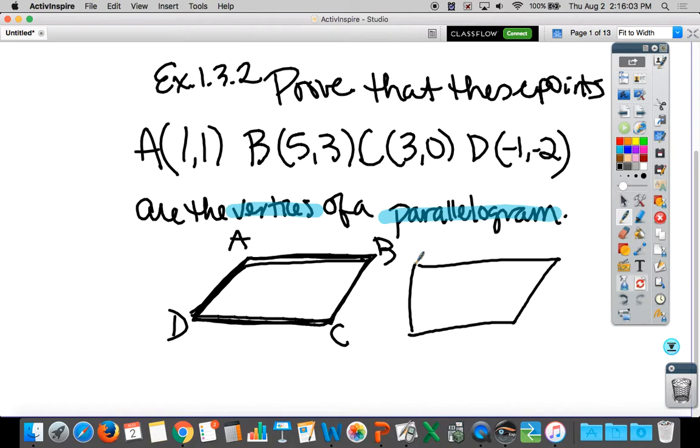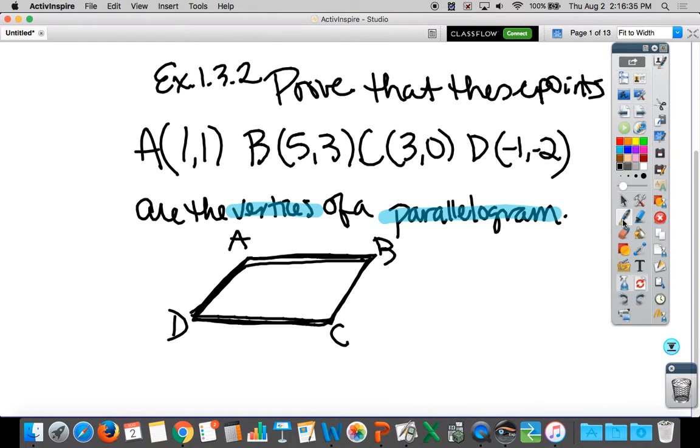Fine, following me. So, I want to challenge you to think, how can I use the skills that you'll be quizzed on tomorrow, that you had to work on this summer, to prove that A, B, C, and D are the vertices of a parallelogram? Find the distance.